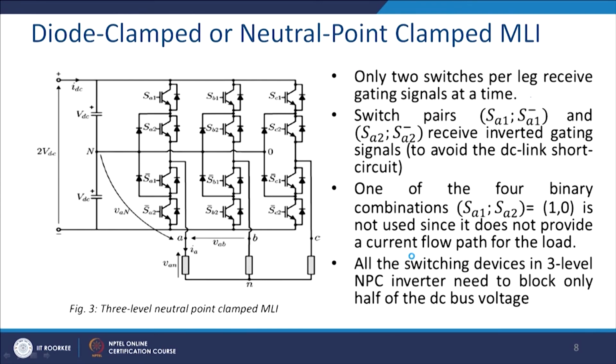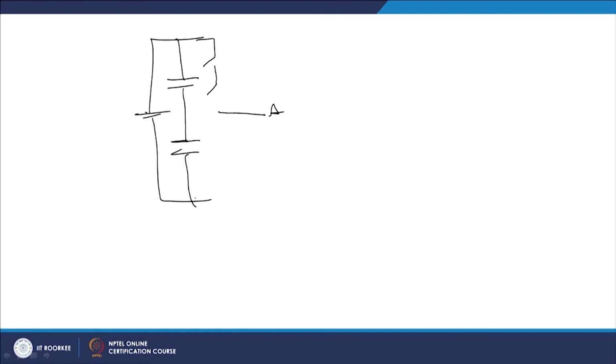Now, this is the switch. Before that, we can take a whiteboard to explain it. So, this is the point, let us say A, and this is your DC bus voltage, and you have a diode clamp circuit. Now, you realize that when it is connected here, it is required to block the voltage.